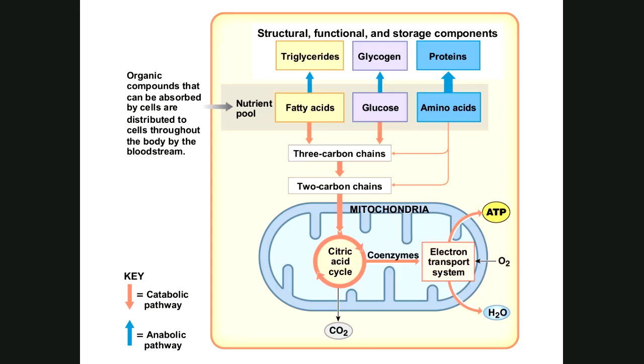Okay, so kind of to put all this together again, what are our main organic compounds that our digestive system works really hard to take in when we ingest and chemically and mechanically break down foods? We work really hard to bring in individual fatty acids, monosaccharides, and individual amino acids.